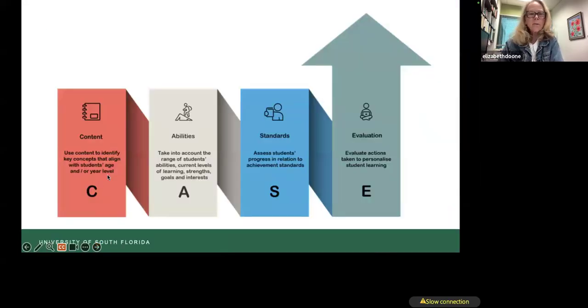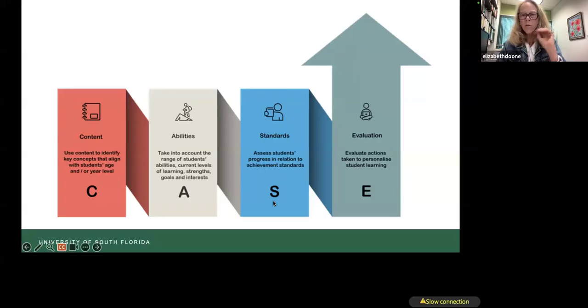Another way to look at it is through the content, which I just mentioned, making sure that it aligns with the student's age and level. So this acronym CASE, we want to make sure that it's age level appropriate, that it takes into account their abilities. So looking at what are those students' assets? We have students sometimes who have gifts in some areas, but they might be very low functioning. So we want to capture those assets and abilities and use those strengths to guide their interests and work with them.